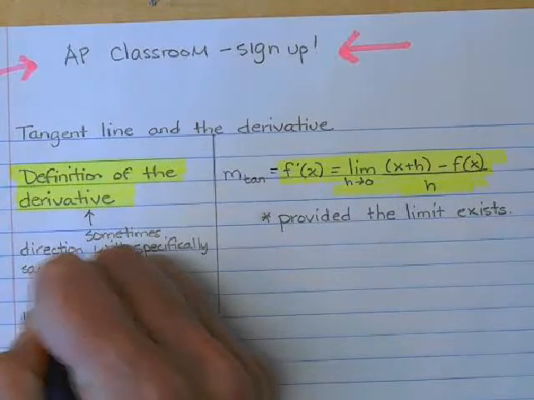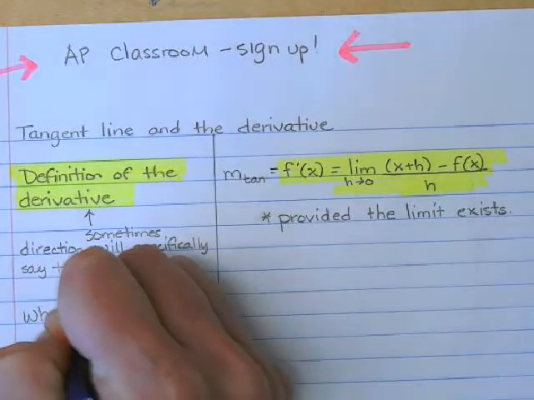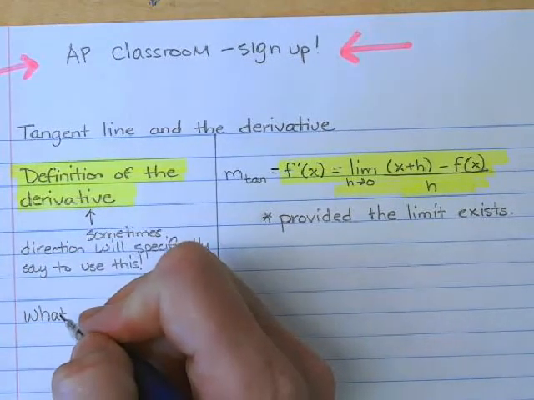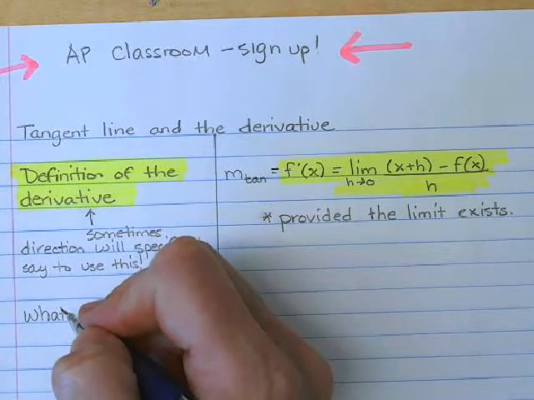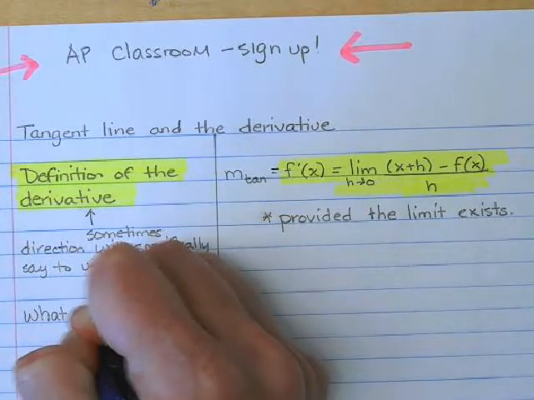Okay, so let's look at the next part here. What does it mean when we say a function is differentiable at a point?